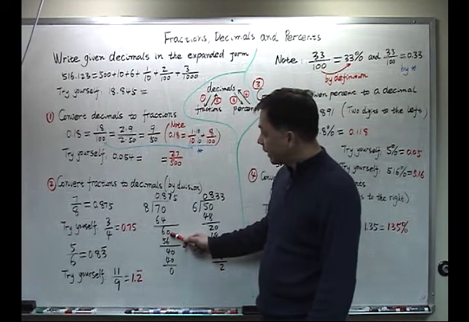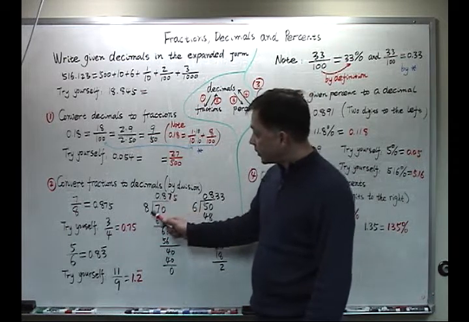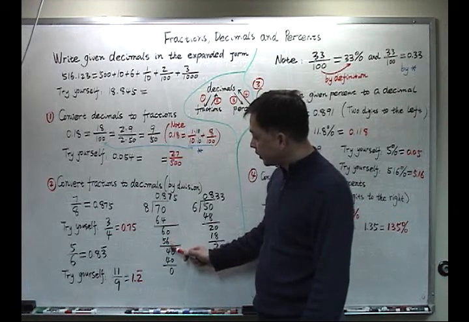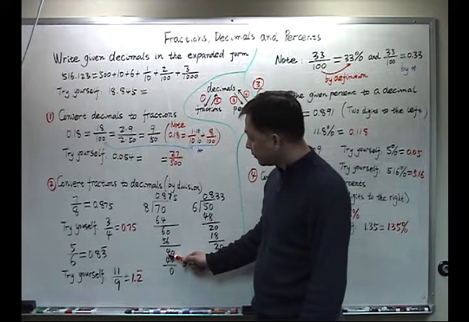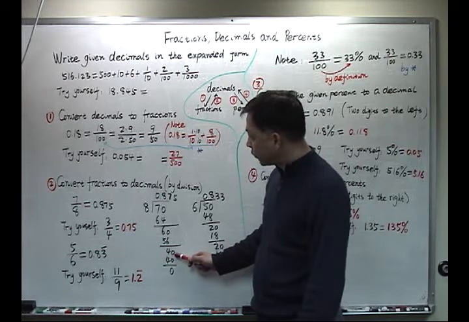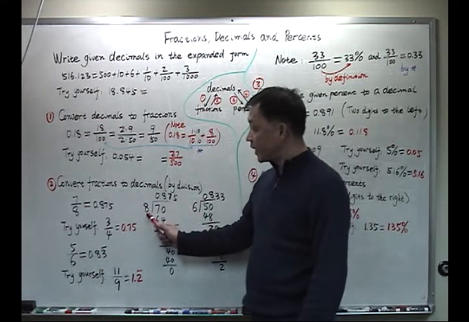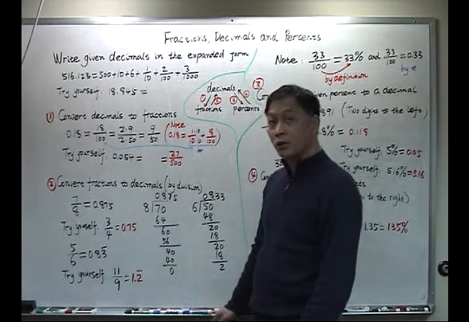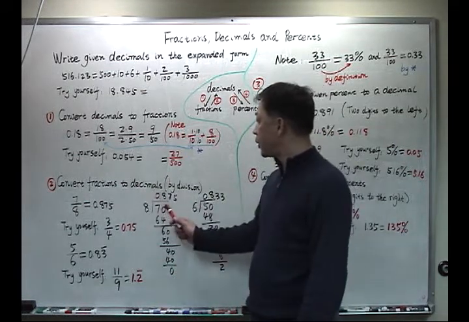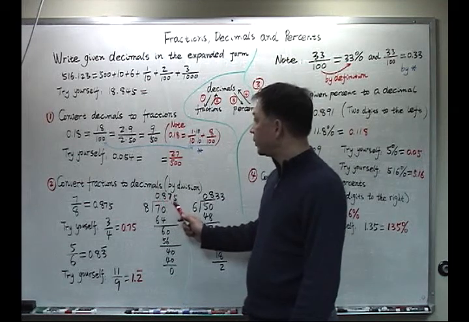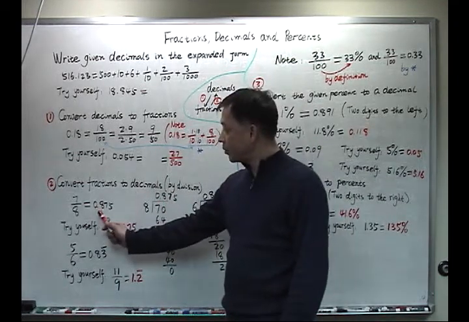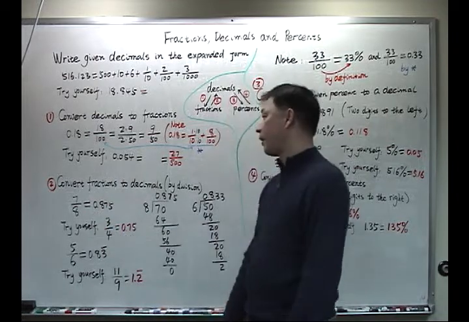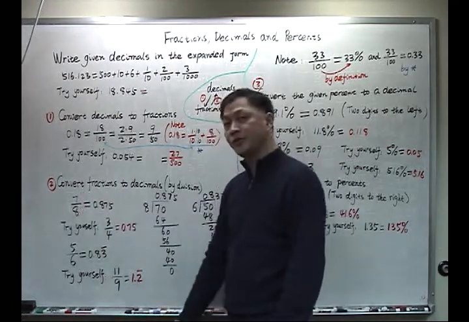So you add another 0, 7 times 8 is 56. 60 minus 56, you have a 4. Add 0 to 4, you have a 40. So 5 times 8, you have a 40. 40 minus 40 is 0. So then, by division, we know 0.875 is the decimal for this fraction.